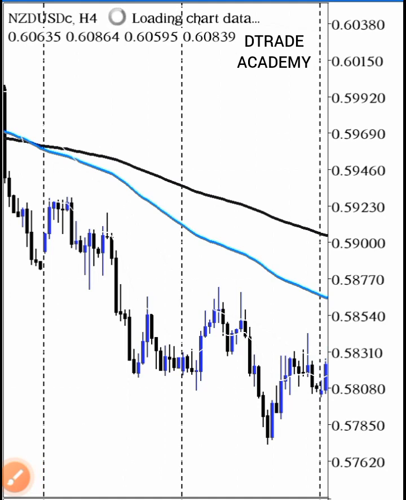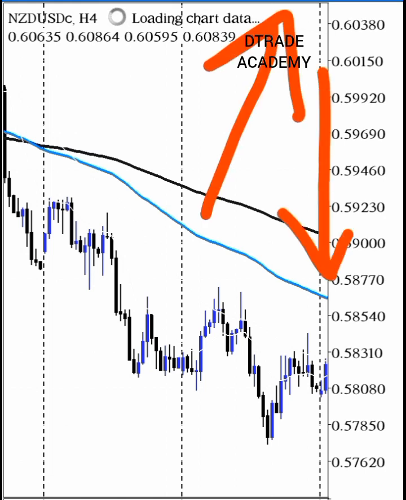I'll be making this video very simple and straightforward, so pay close attention. Now, the market has three phases. We have the uptrend, we have the downtrend, and we have the sideways trend.